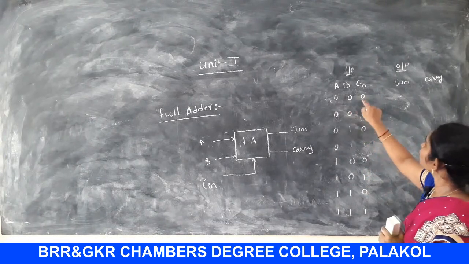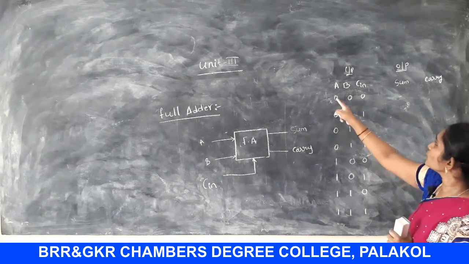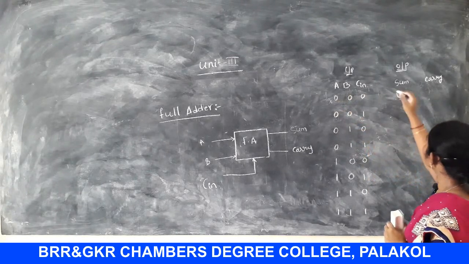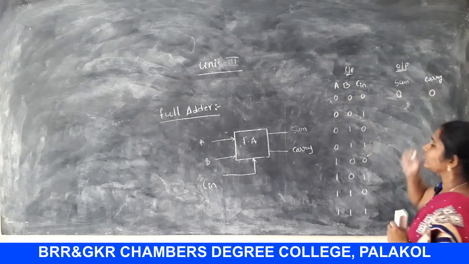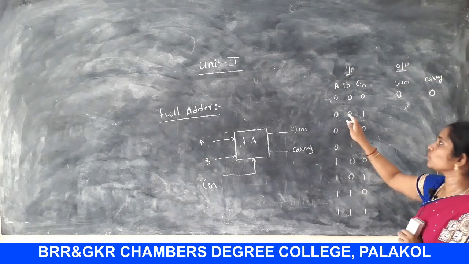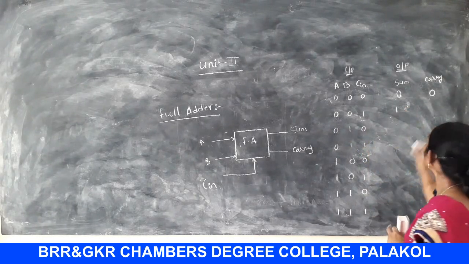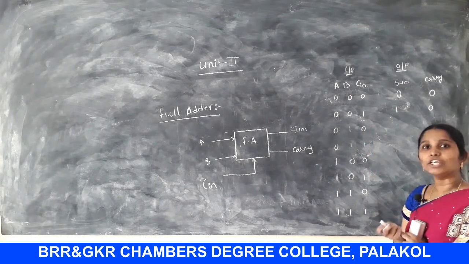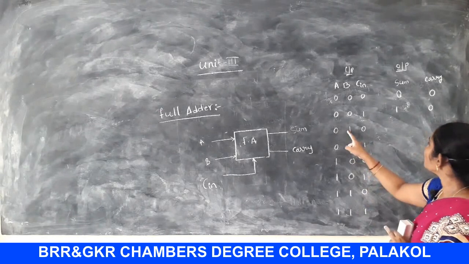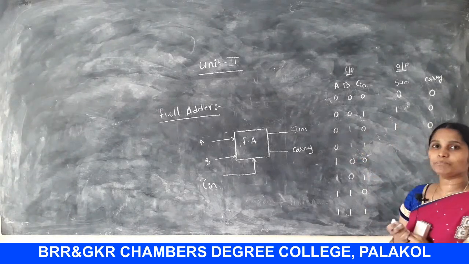So we have to perform the addition operation between these numbers. 0 plus 0 is 0, 0 plus 0 is also 0, sum 0 and carry 0. And next one is 0 plus 0 is 0, 0 plus 1 is 1, so sum 1 and carry 0. Next, 0 plus 1 is 1, 1 plus 0 is 1, sum 1 and carry 0.